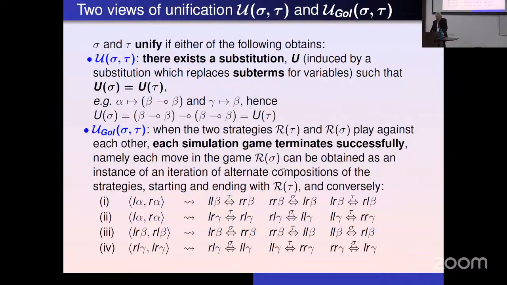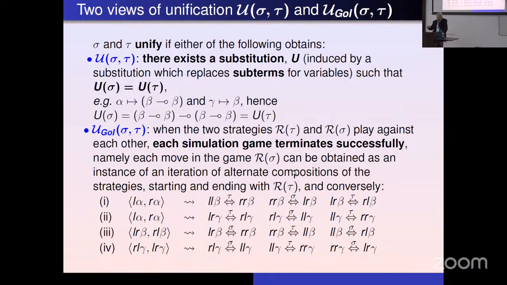So the two views of unification: one is the standard one. You have a substitution for the variables, which makes the two terms equal. And the other one is we take the two games and make them play against each other. Essentially, we can simulate each move in the game deriving from the type sigma by an iterated composition of moves by the strategy R tau.